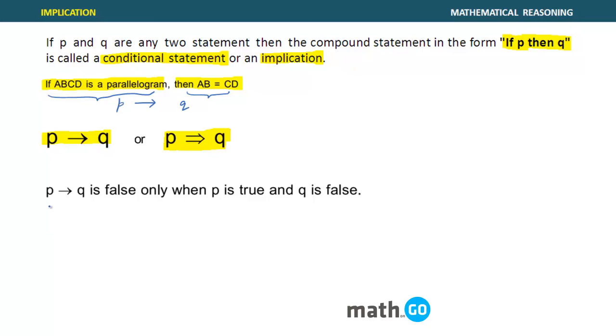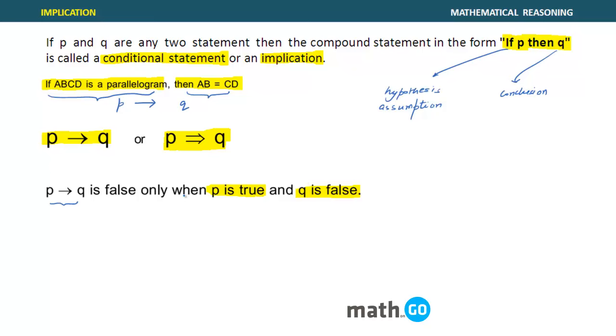Okay, and if we talk about what answer we will get for P implication Q, this is false only when P is true and Q is false. That is, the first part, the if part, is true, but the statement is false, right? The consequence is false. How you can also understand this is that P is the hypothesis, right? This is what you assume, hypothesis, assumption, whatever you want to call it. And this Q is nothing but the conclusion, right?